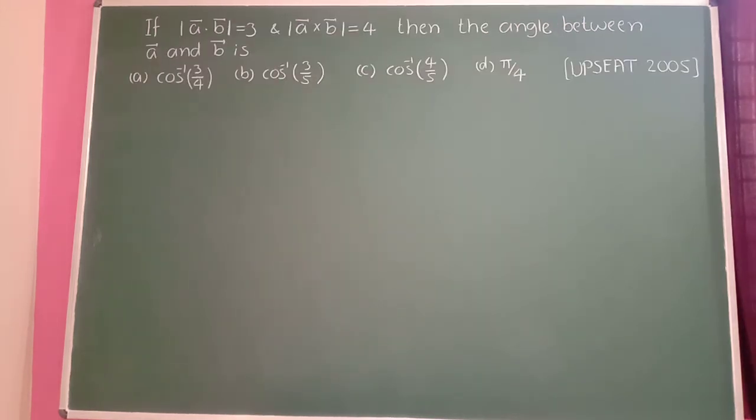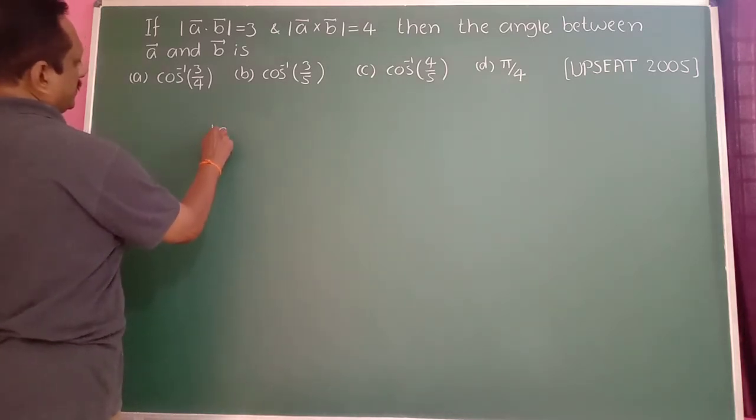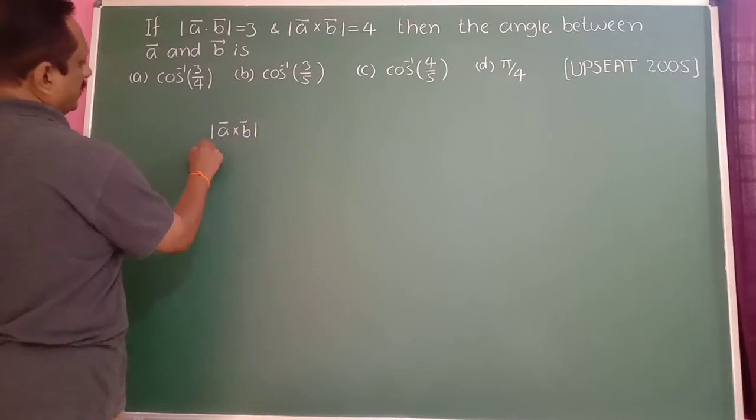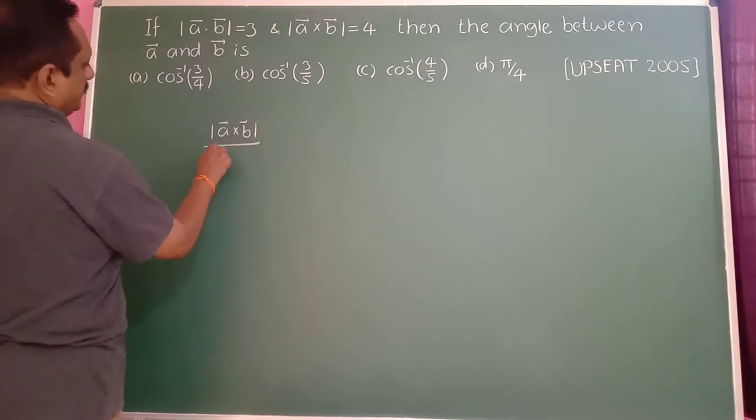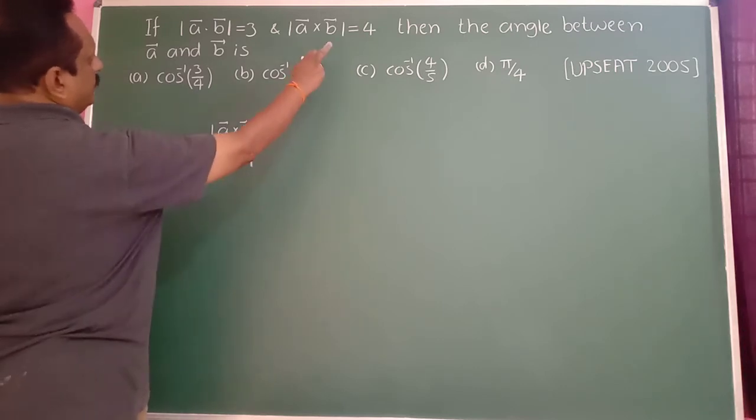If modulus of a bar dot b bar is 3, modulus of a bar cross b bar is 4, then what is the angle between a bar and b bar? Therefore here modulus of a bar cross b bar divided by modulus of a bar dot b bar is equal to 4 upon 3.